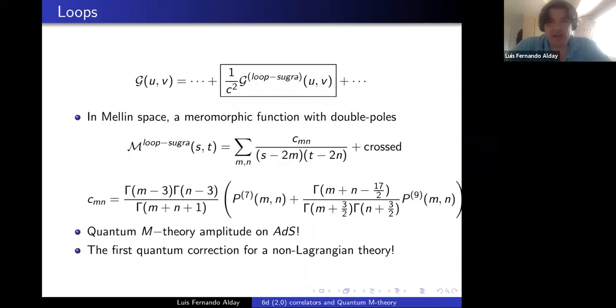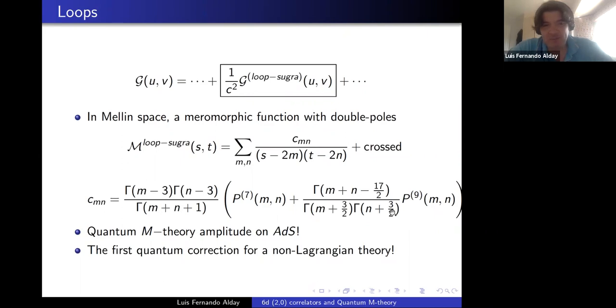Then let me tell you what the structure of the answer is. In Mellin space, this function M corresponding to loop Sugra is a meromorphic function with double poles. After like 3 months of computation, we can guess the analytic form of these residues here.